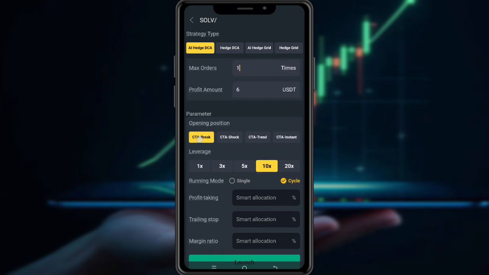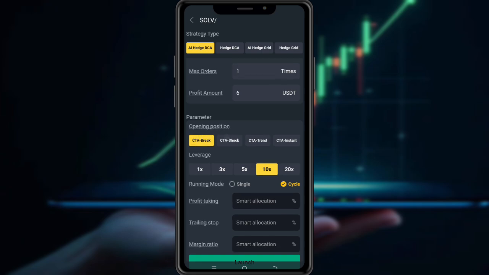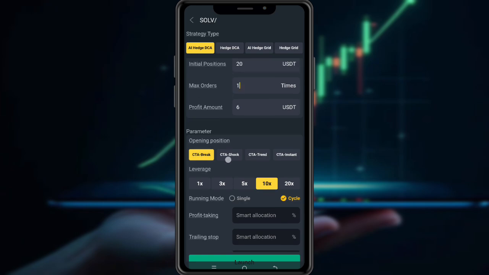Do we want to use CTA, break, shock, trend, or instant? But almost all of them are the same except trend. Trend always takes long to start, but instant, once you just open, you launch the coin, it is going to buy for you there and then. But break, shock, and trend will first wait, then now start. So you can leave here like this.